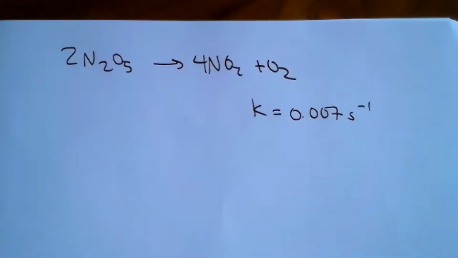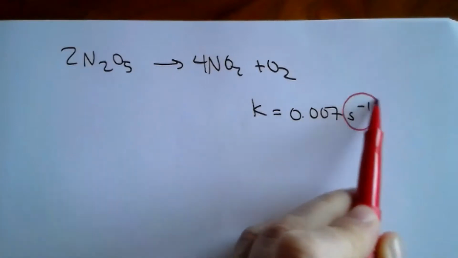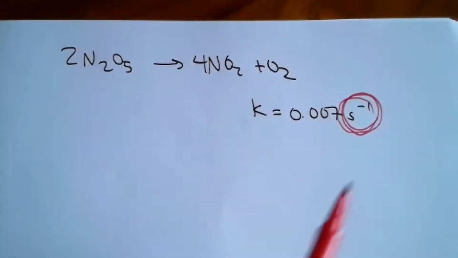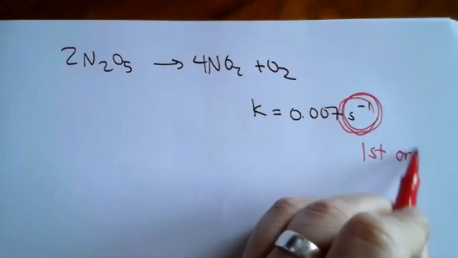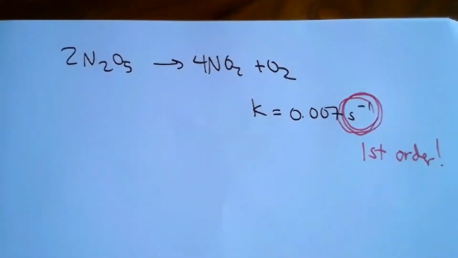How do I know it's first order? Sometimes the only hint you get is the units on the rate constant. Seconds to the -1 tells me this is a first order reaction. So this first order reaction, I can do some concentration time stuff with it.